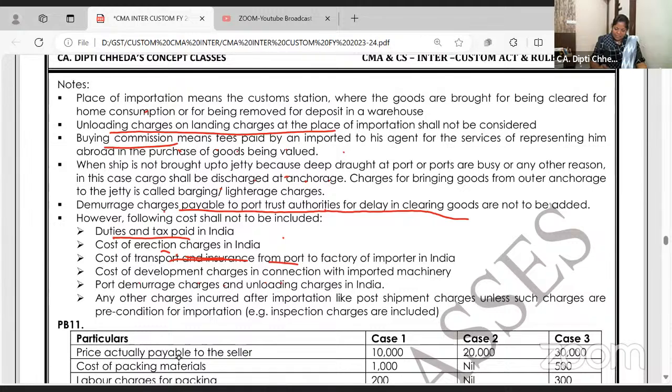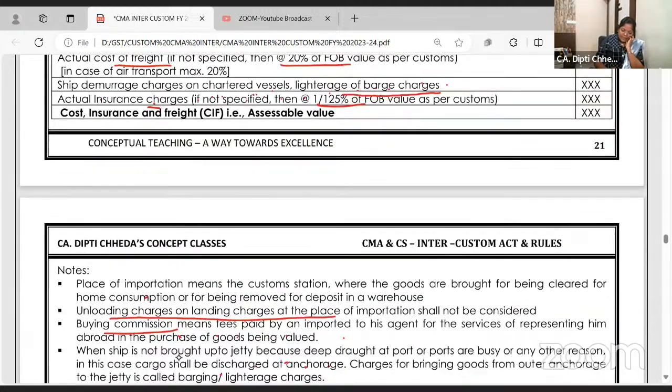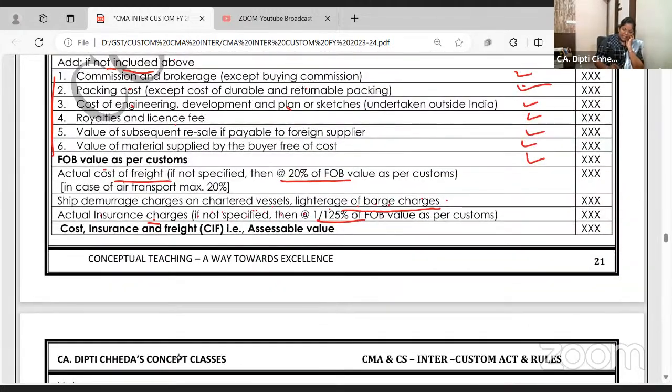Cost of development charges in connection with the imported machinery. Port demurrage charges and unloading charges, what you have to pay in India, that is never included. Ma'am, then what are you paying? If we don't include them in India, then what is this?